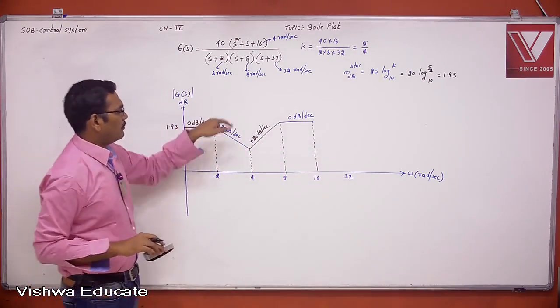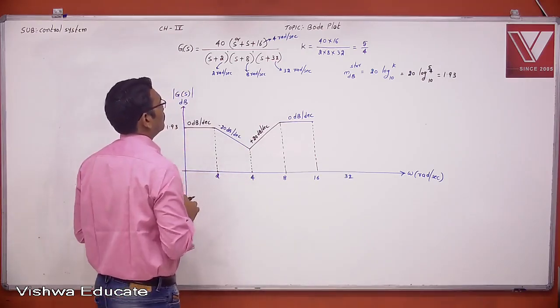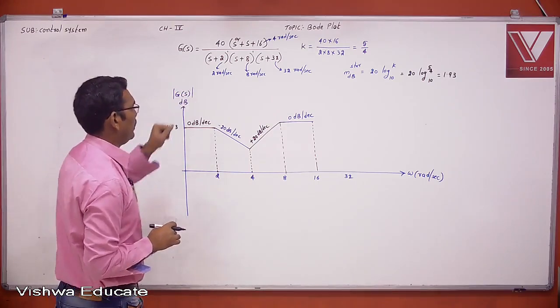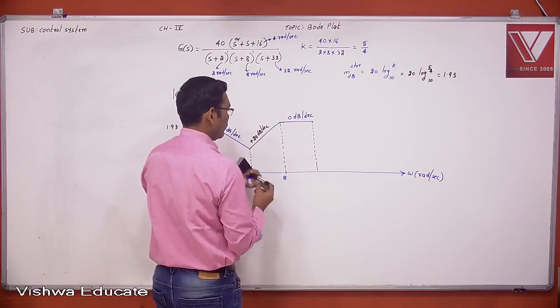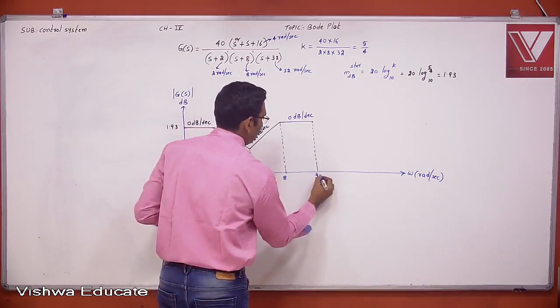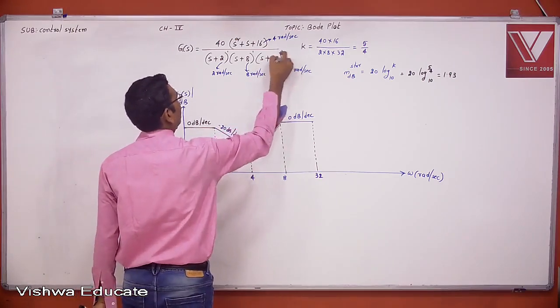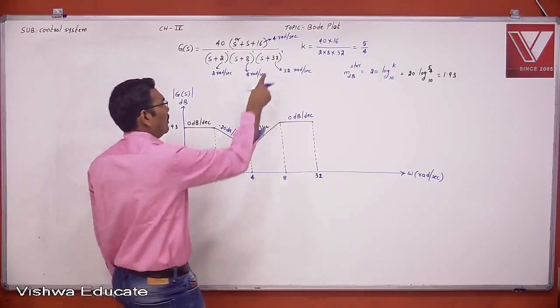Now again, this is 2, 4, 8, no, 16. This is directly 32. Now at 32 radians per second, one simple pole produces a slope of minus 20.